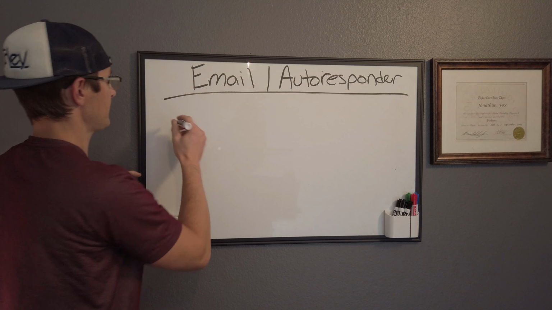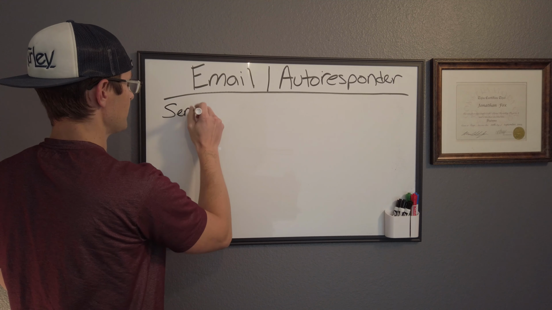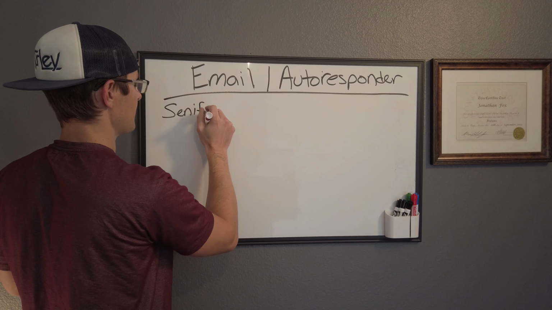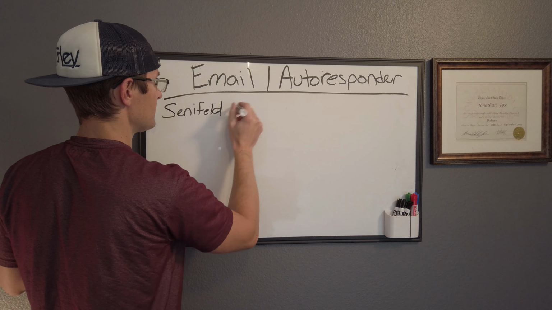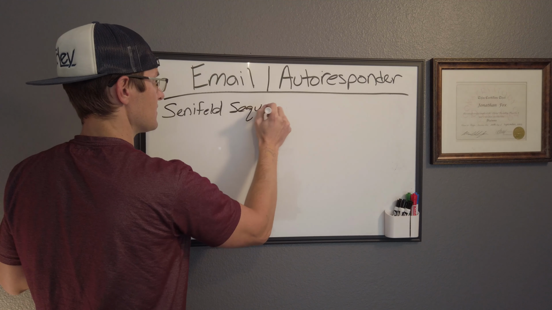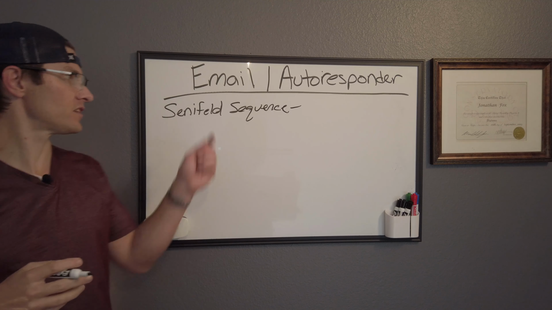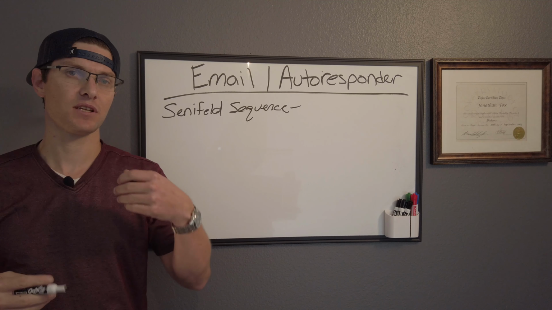Okay? And then the second type of sequence is the, I think I spelt it wrong, but it's the Seinfeld sequence. Okay, so with this one, this isn't going to, like the first one, the soap opera sequence, that's going to be automated.